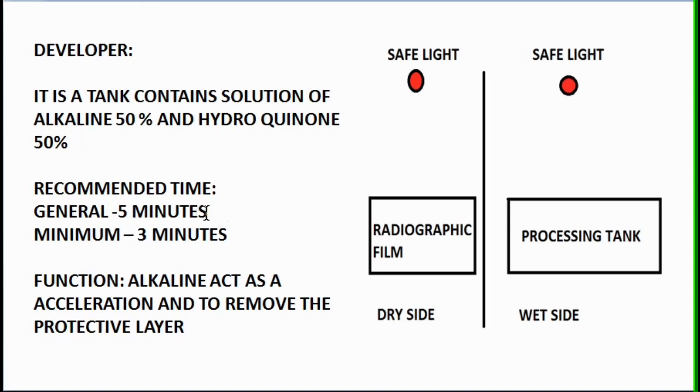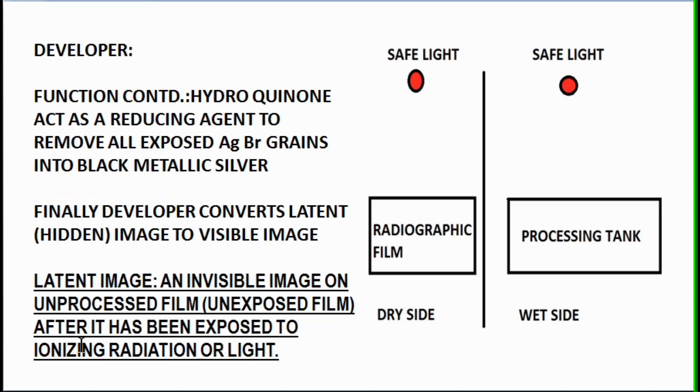It depends upon the film type and radiation energy also. So generally 5 minutes and minimum 3 minutes. Some agitation will be carried out in between the 5 minutes. Finally the developer converts the latent image, that is the hidden image, to a visible image.